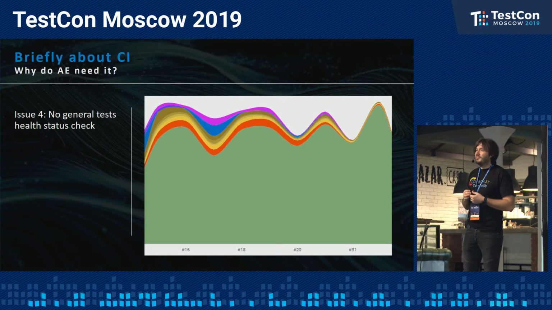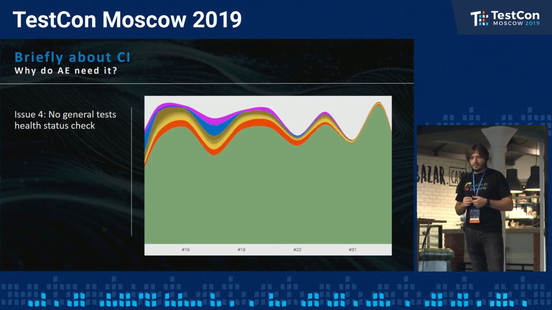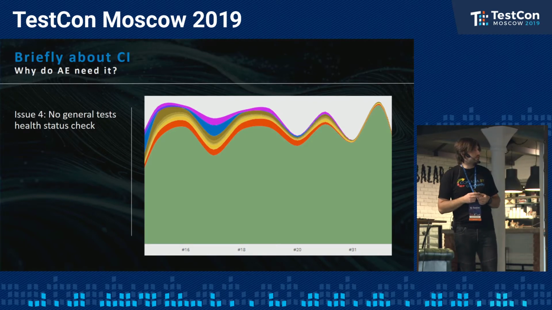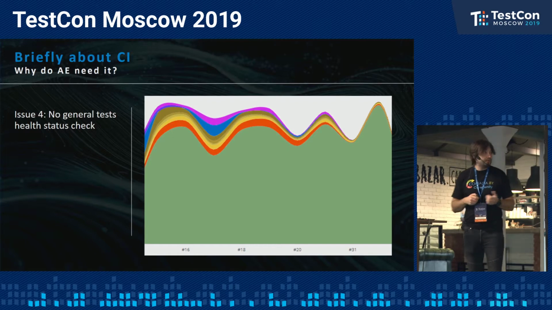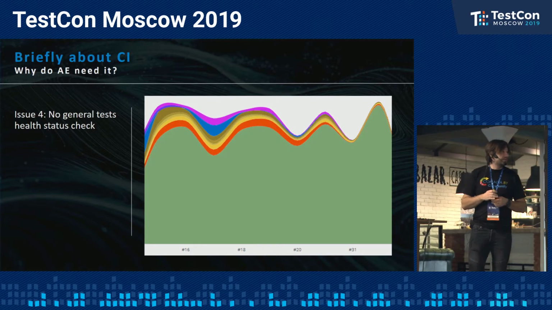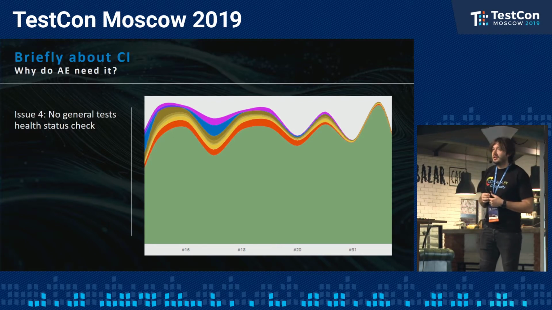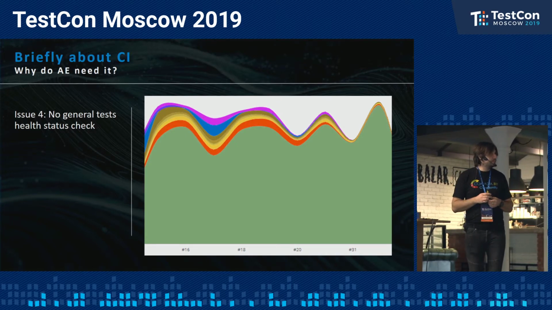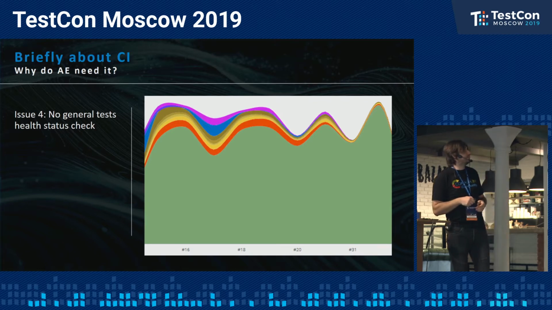And issue 4 is that without generally running auto tests, we don't see the general trend. No general tests, health, status check. So any automation specialist cannot realize what is happening here in this chart.